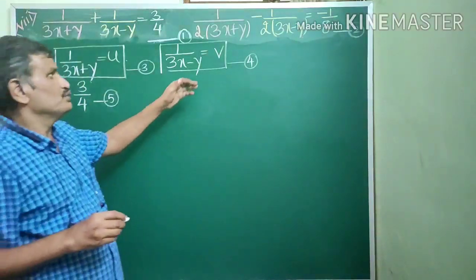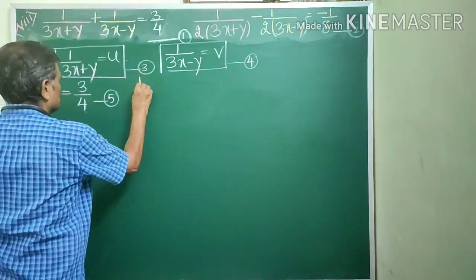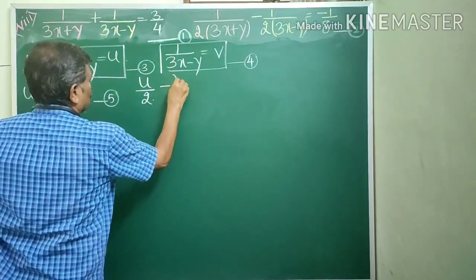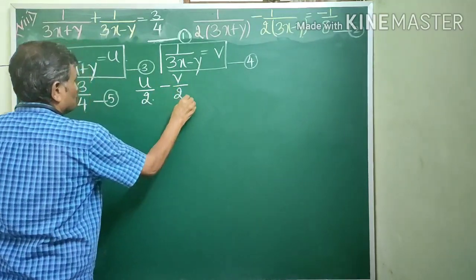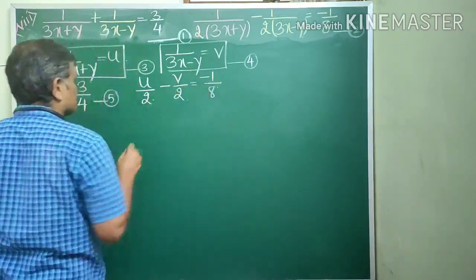This equation will reduce to 1 by 3x plus y. I can write it as u by 2 minus v by 2 is equal to minus 1 by 8.